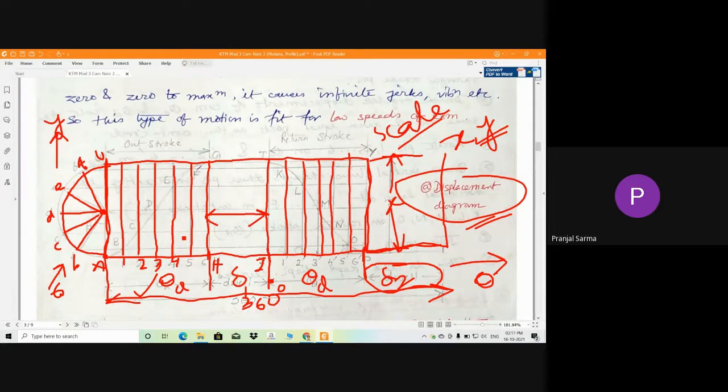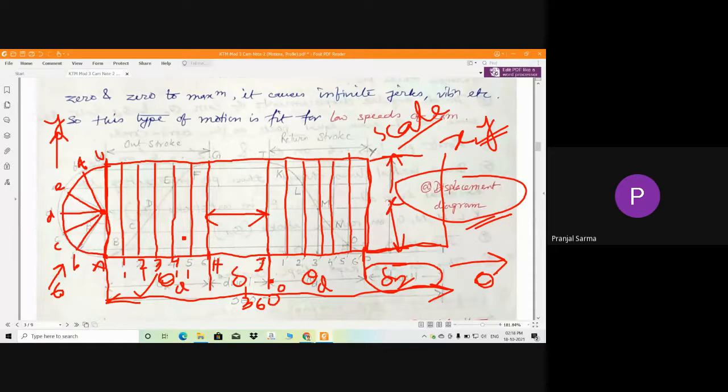I hope yes. Now to get the location of the displaced position of the follower at these intervals 1, 2, 3, how are we going to get it? Just be attentive here.